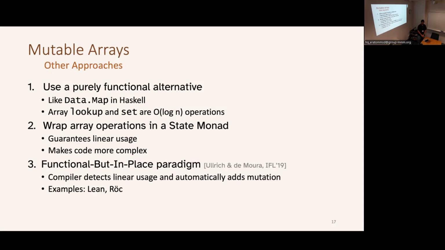Another interesting thing, relatively recent, is something I don't have a lot of experience with, but I have seen it mentioned in a few places: the functional but in place paradigm.